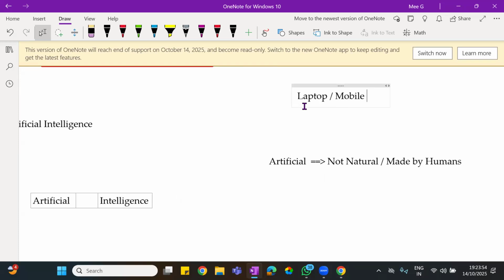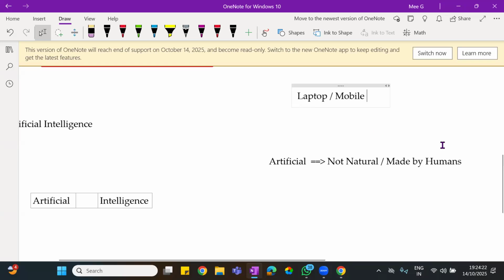No, but they are made by humans, right? Of course, they are made by humans. But we use the term artificial when a natural version exists, and based on that natural version, a human makes a duplicate or a replica of it. That is called artificial.